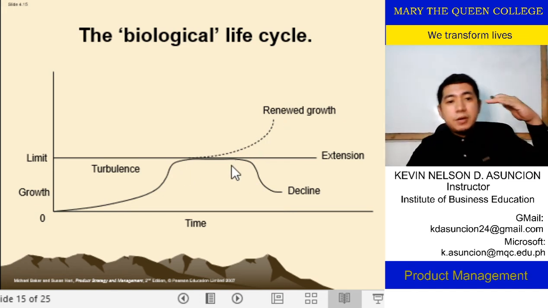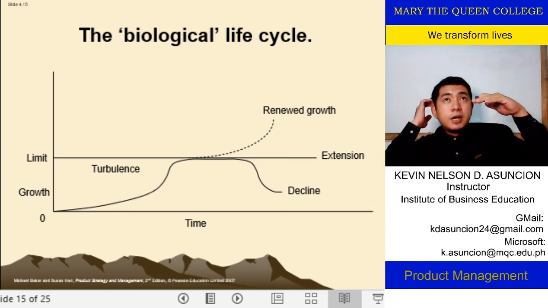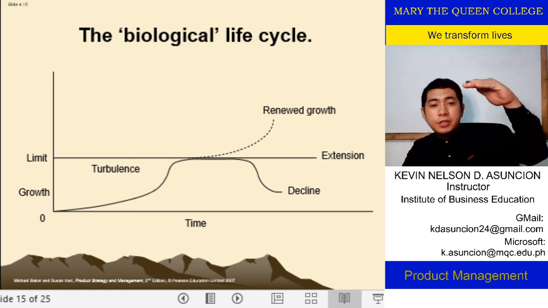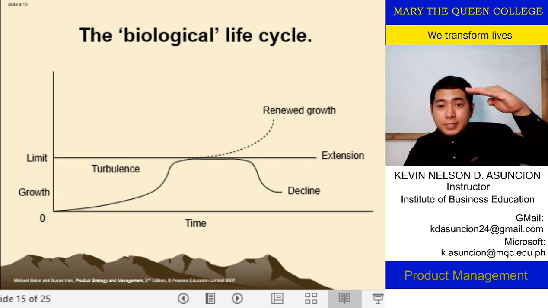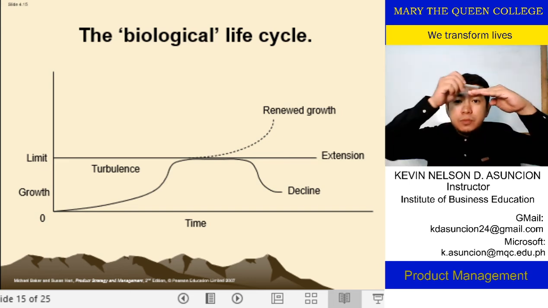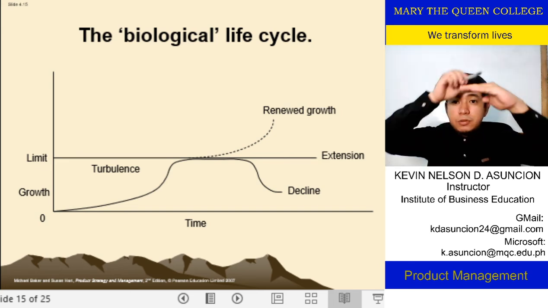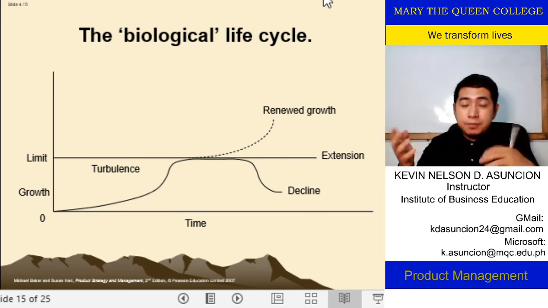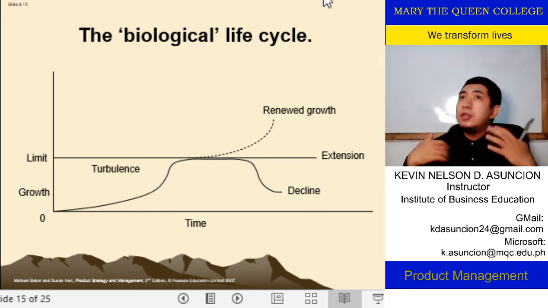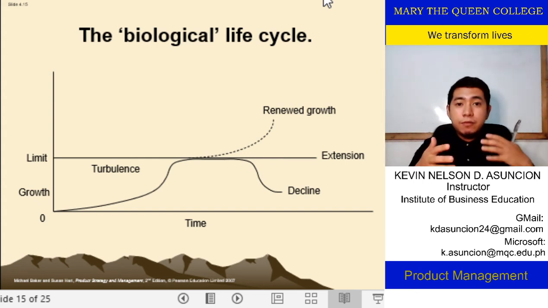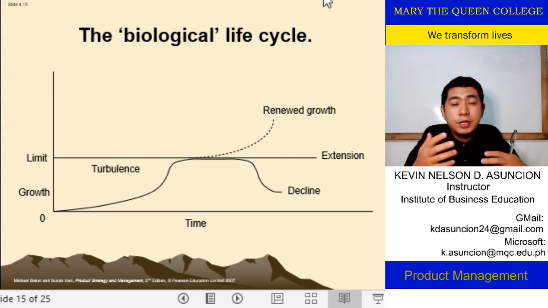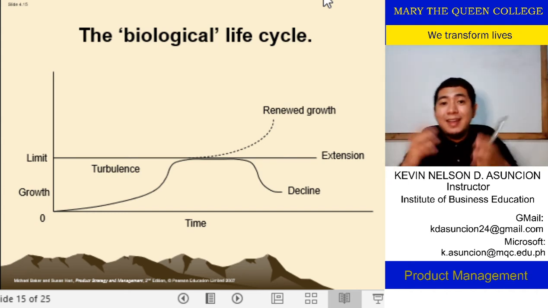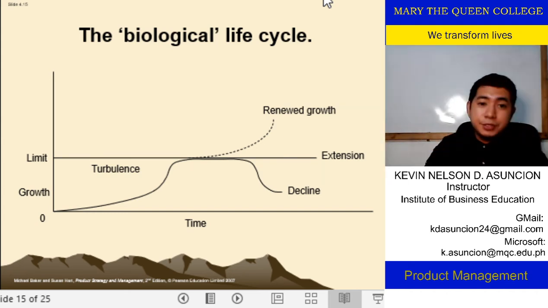So whenever you reach the growth limit and you are reaching your maturity and saturation, the main goal of a marketing manager, product manager is and should be, no, to renew the growth of the product, or to try to aim for another growth or push in the life cycle of the product, no, to try to stay relevant with the conditions.